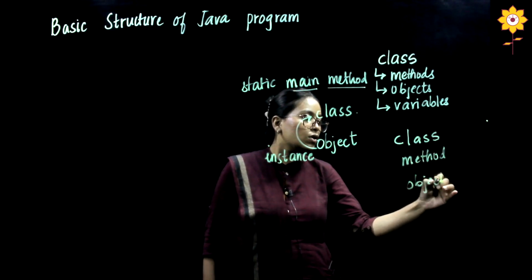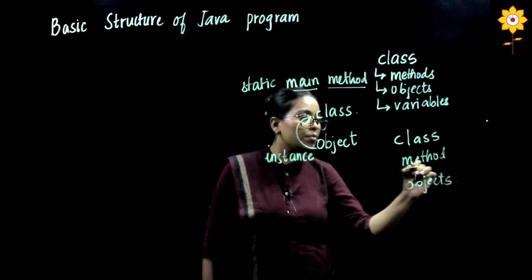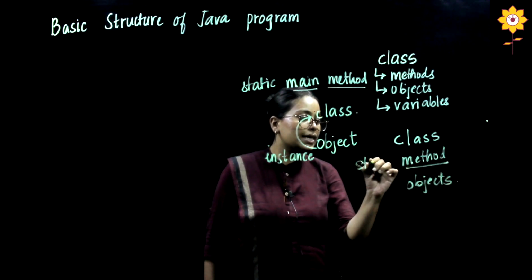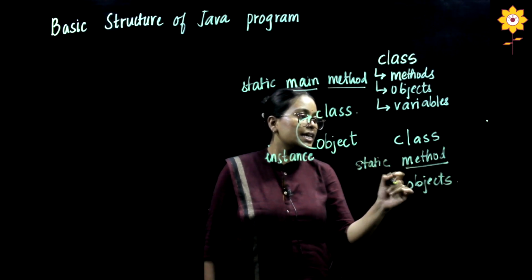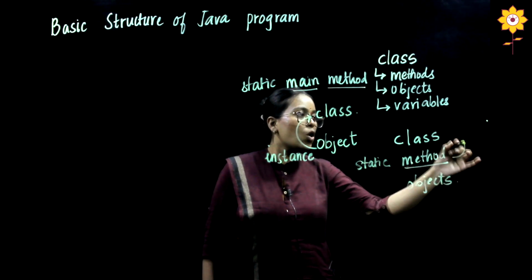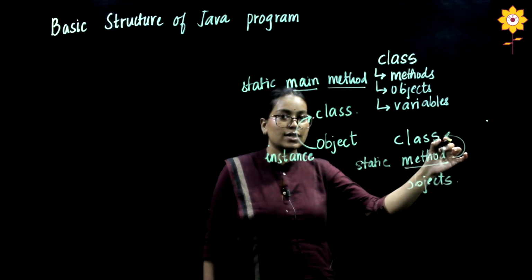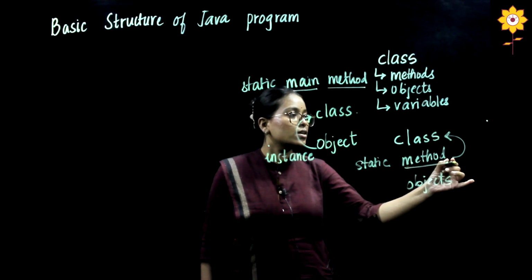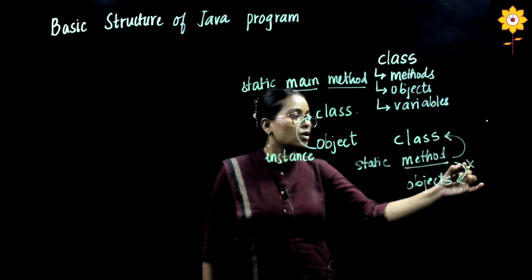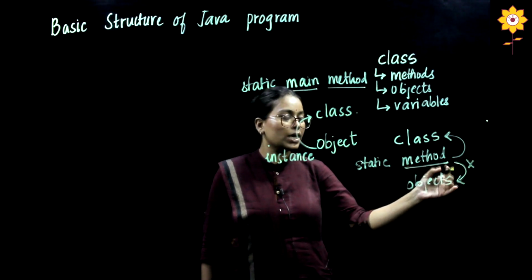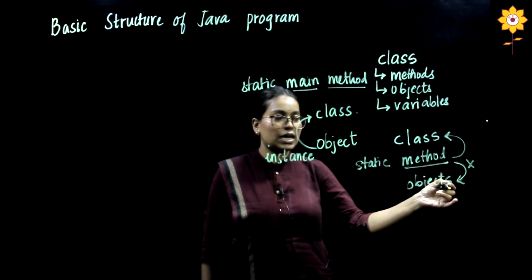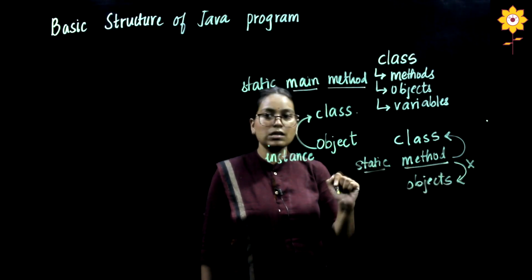So when we say that a method is a static method, we say that this method belongs to the class, okay, and not to the object of the class, okay, meaning the instance of the class. Okay, so you need to keep this in mind.